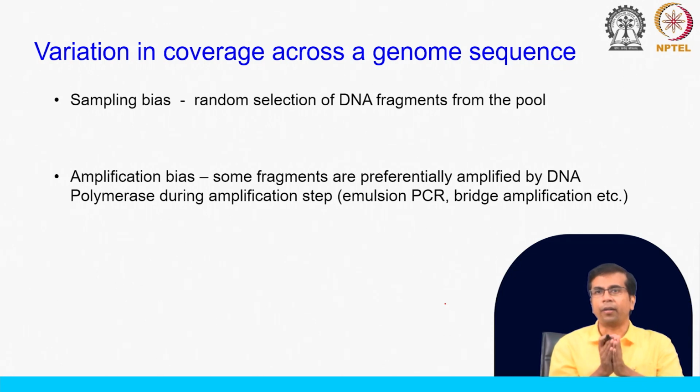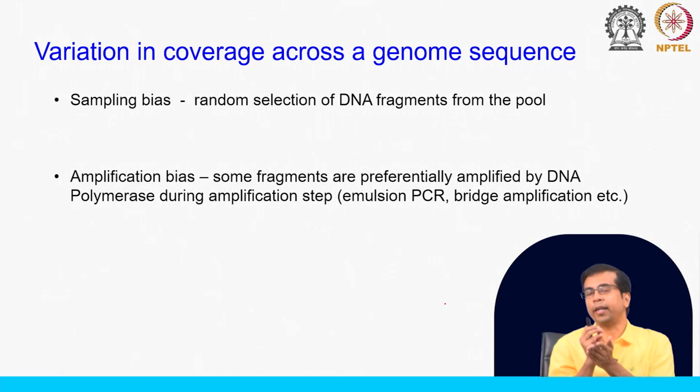You can also have something called amplification bias. Many of these next generation methods we have discussed so far require this amplification step. Except nanopore, all of them require this amplification step, and this amplification can select certain DNA molecules.